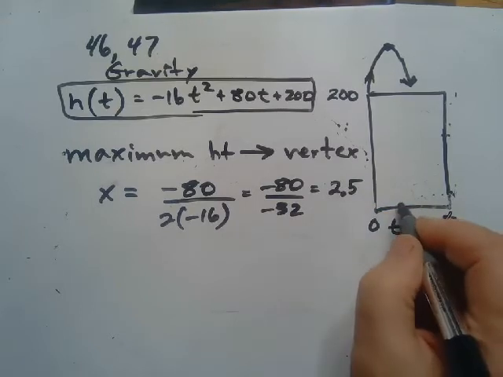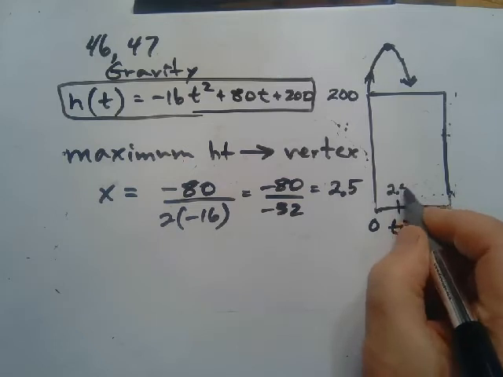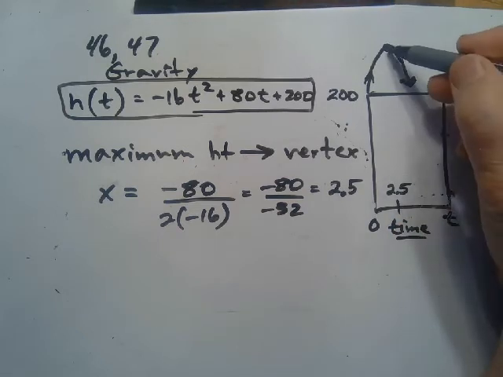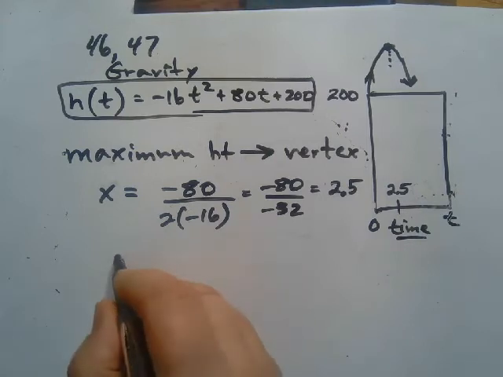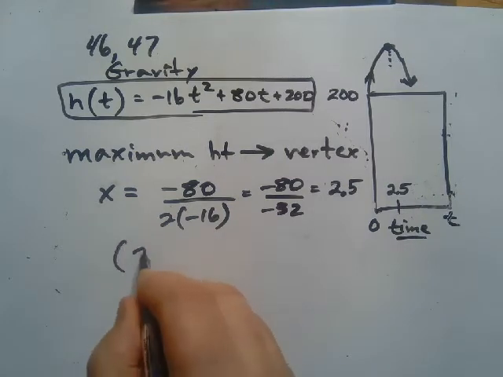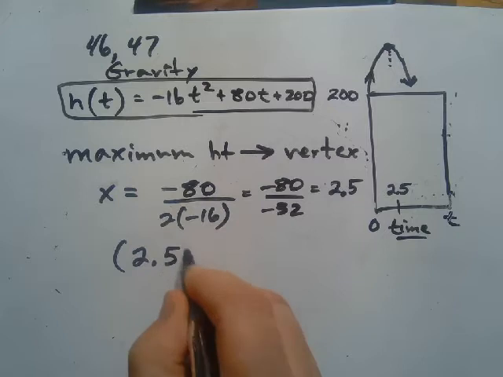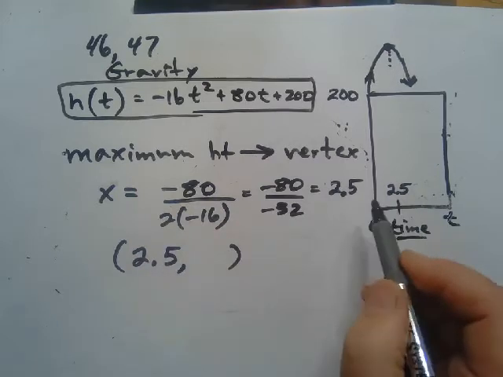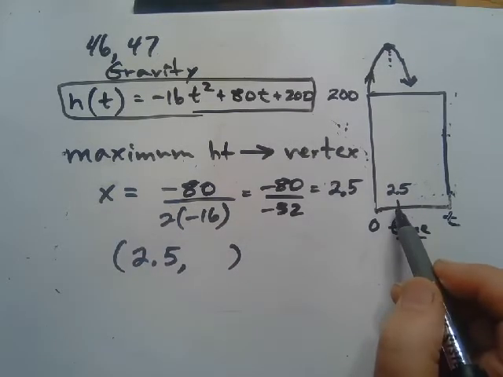So when the time is 2.5 seconds, that's when we hit the vertex x value. So our ordered pair is going to be 2.5, something. We know that the x value, that's what x stands for, the x value is 2.5.